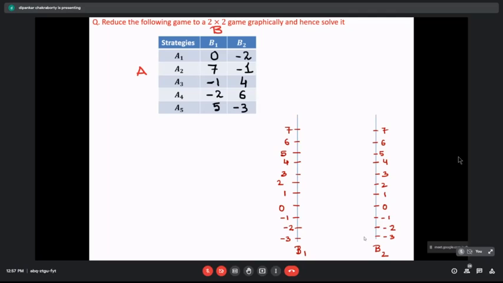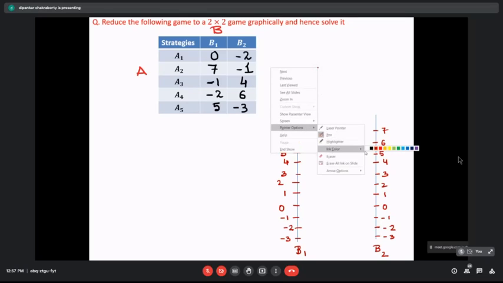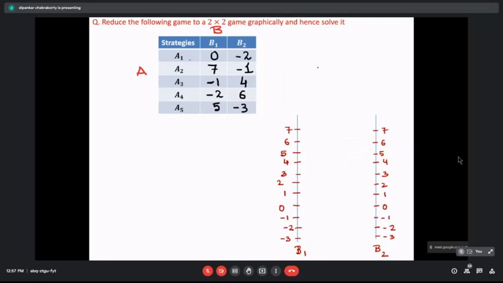Okay. So now again, as we have done earlier, we are going to draw a line joining each of the strategies. So what you can see here, A1 joins the strategies B1 and B2 by 0 and -2. So B1 is 0 and B2 is -2, and you can write down this will represent the strategy A1.